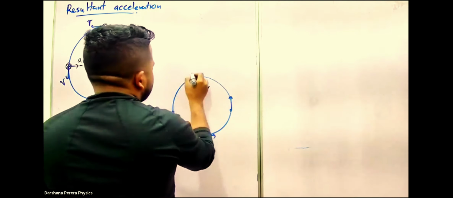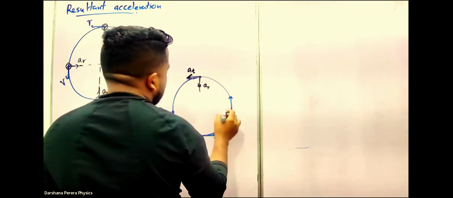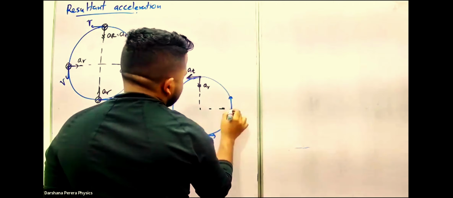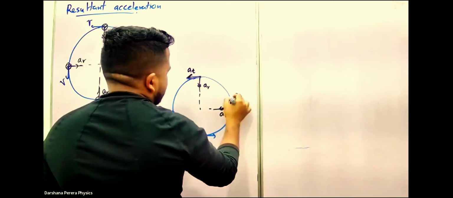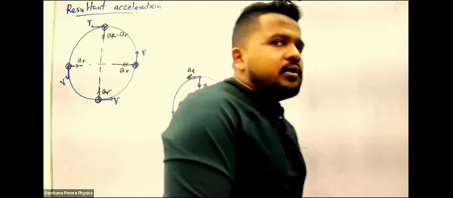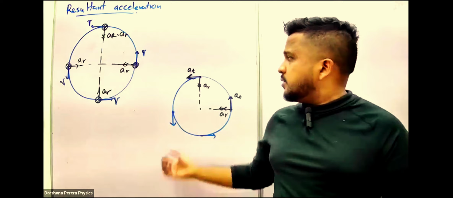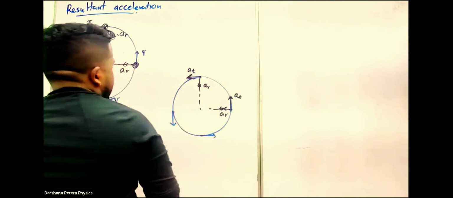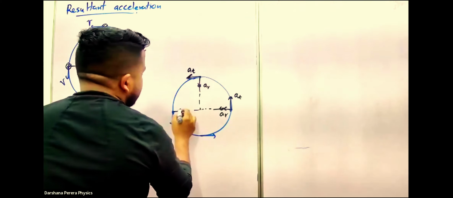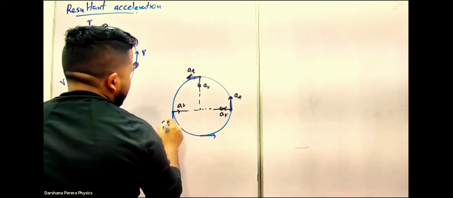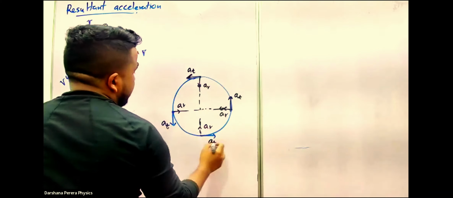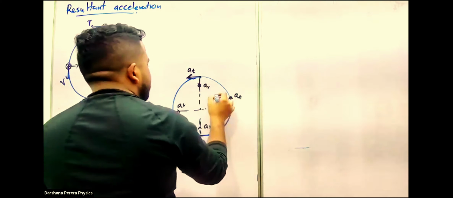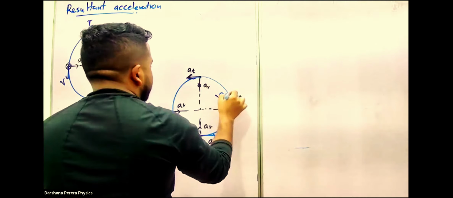But when it has non-uniform velocity, it has an AT also. Then if it doesn't have a uniform velocity, we have to take both AR and AT, and then take the resultant acceleration.